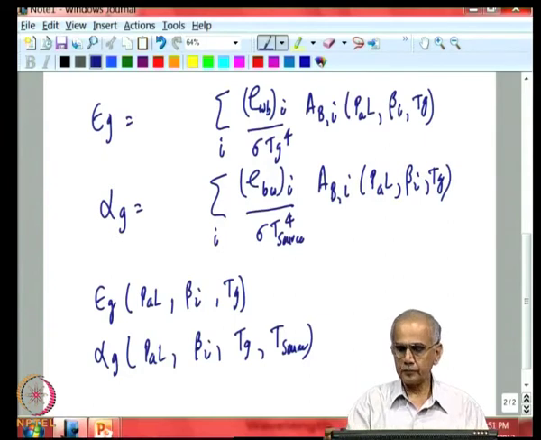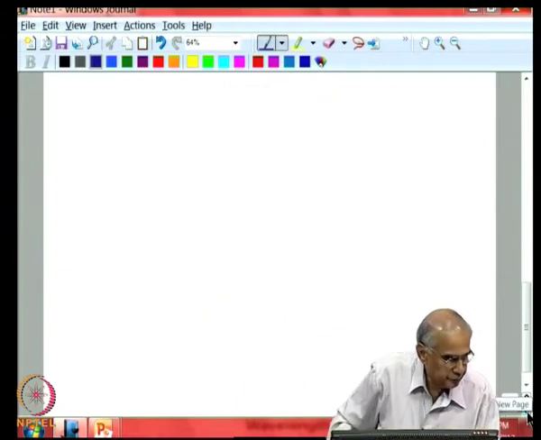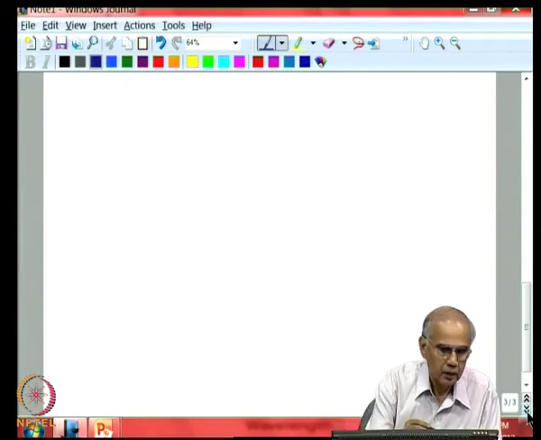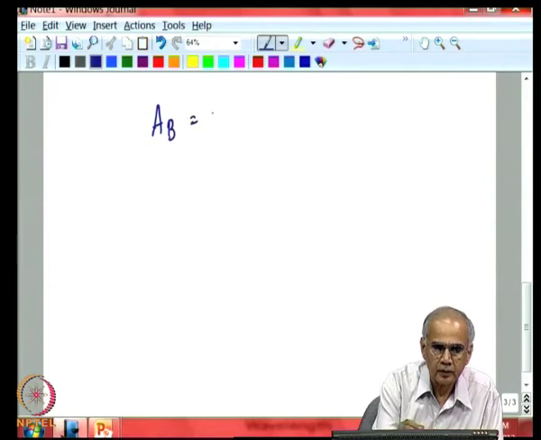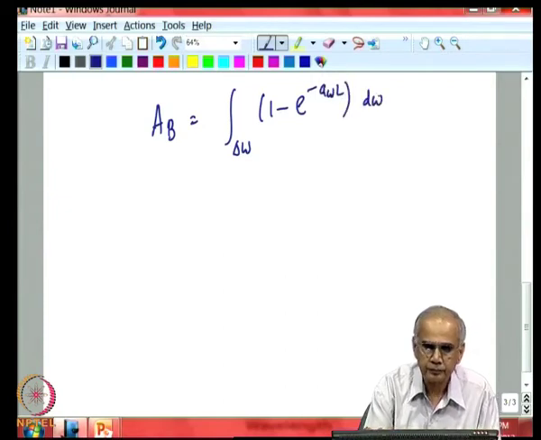Okay. Now, it is good to know how we deal with these situations in limiting cases to understand the nature of this band absorptance. For example, we have defined the band absorptance as the integral over the band of 1 minus e to the power of minus a_omega L d omega.